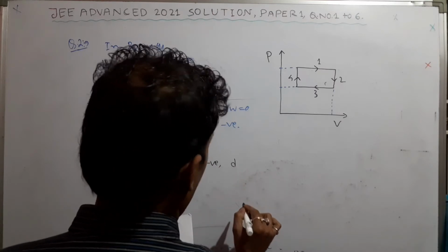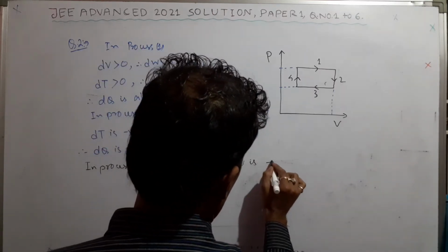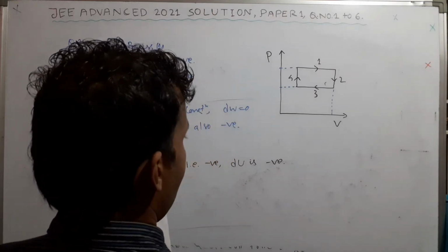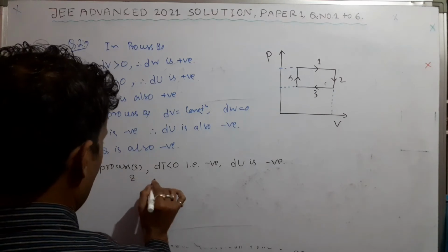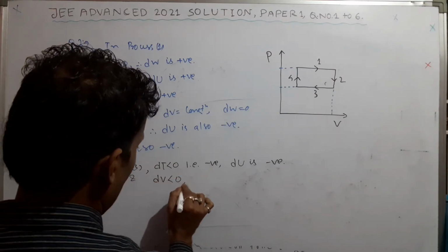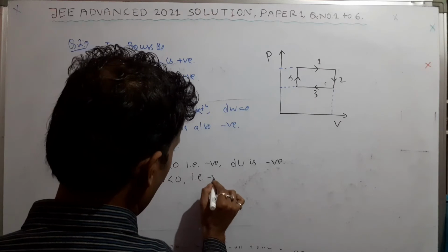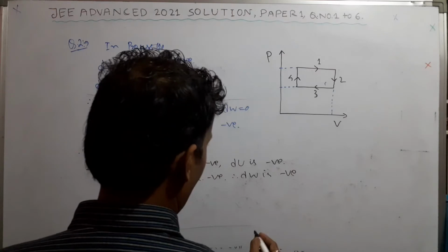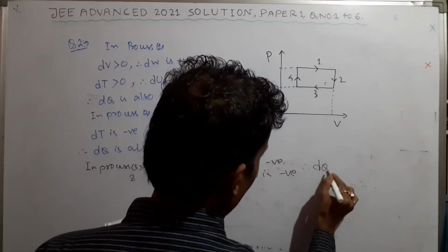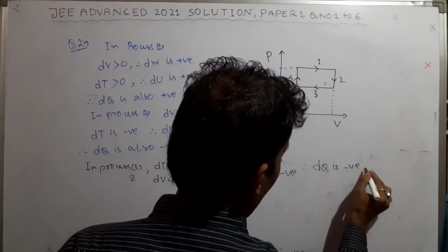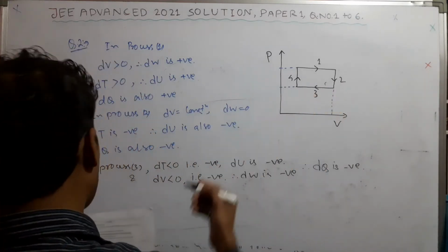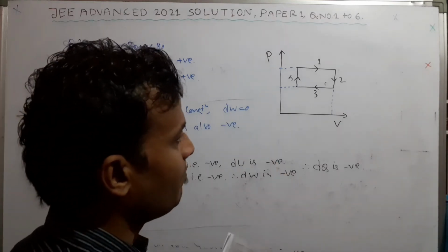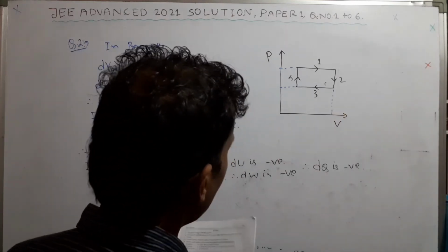That means dU is negative, and dV is also less than 0, that is negative. Therefore dW is negative. Therefore according to first law of thermodynamics, dQ is negative. So in the process 2 and in the process 3 we have seen that the dQ is negative. That means heat is rejected by the system during the process 2 and 3.